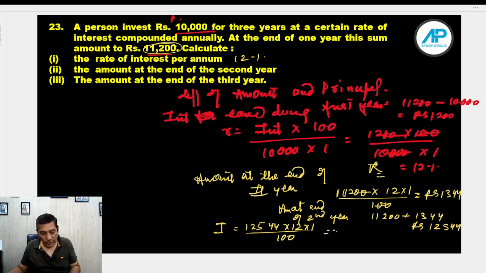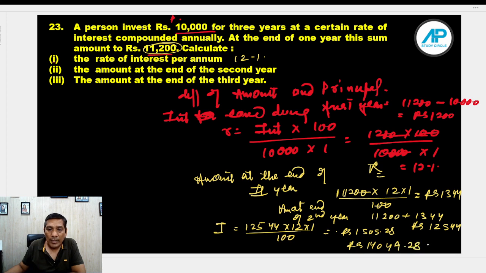That would give you interest as rupees 1505.28, and find the amount, and that is rupees 14,049.28.